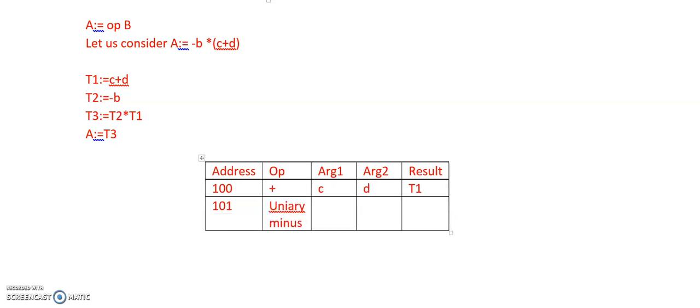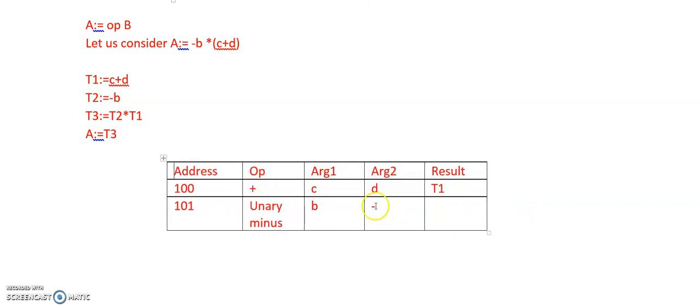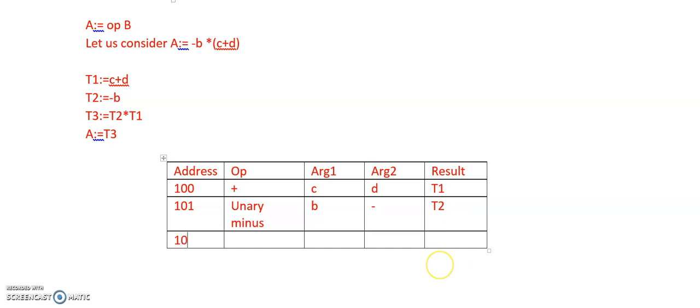The first argument is B, and the second argument we don't have, so we simply leave it empty. That is the representation. So unary minus, and the result is stored in the temporary variable T2. Then we move on to the next location.